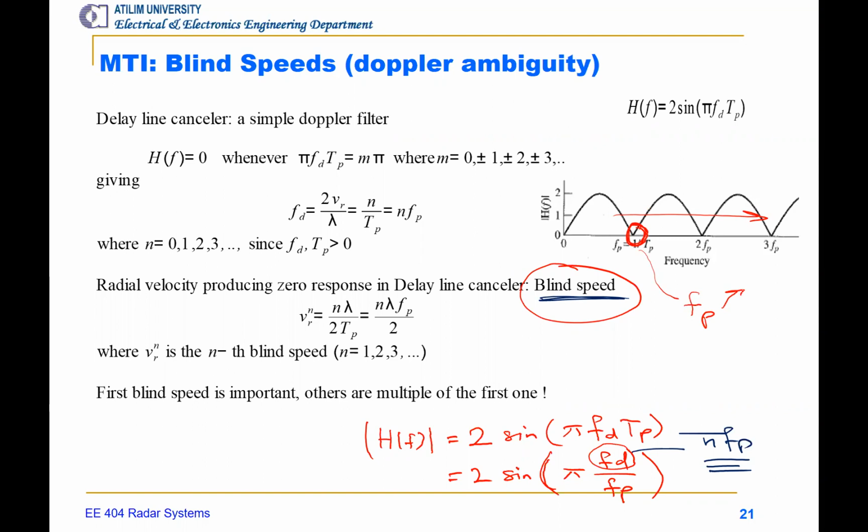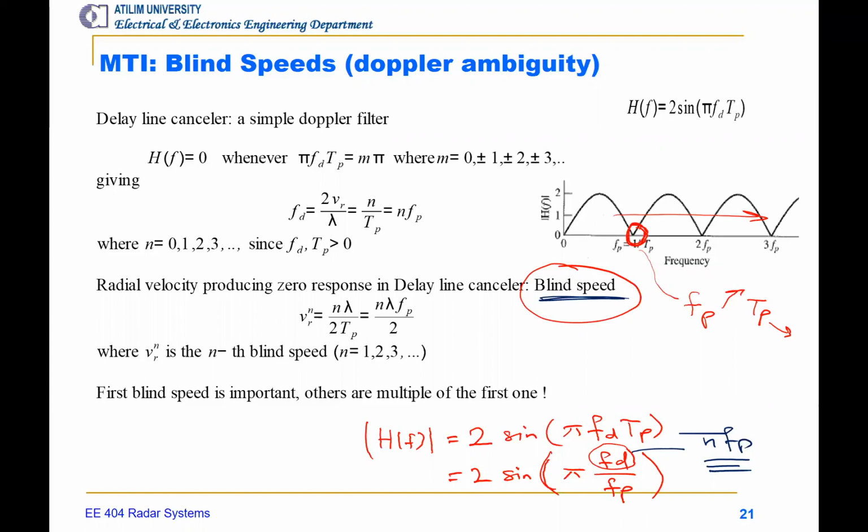If we increase the PRF, we can reduce ambiguity in speed measurements. But when we increase the PRF, the TP, the PRI, decreases.